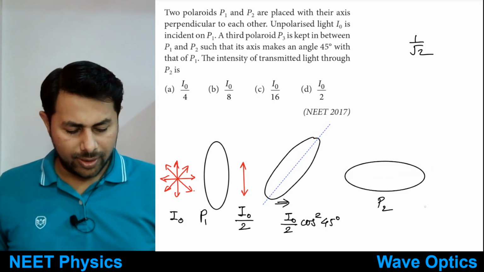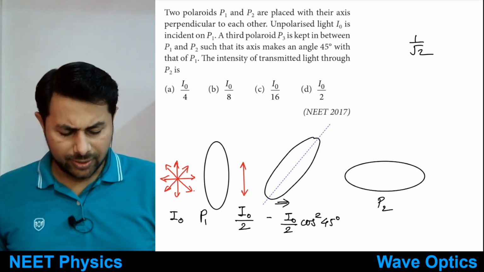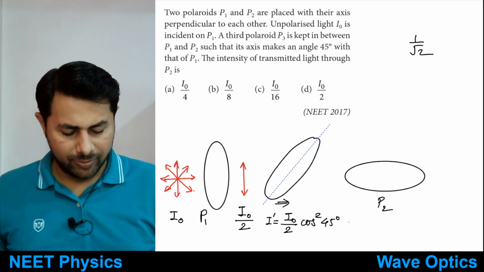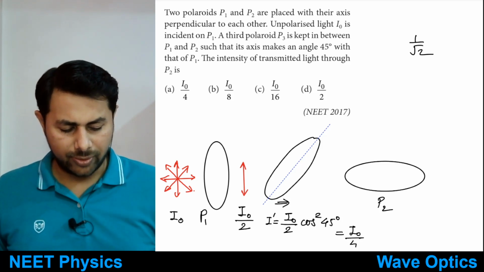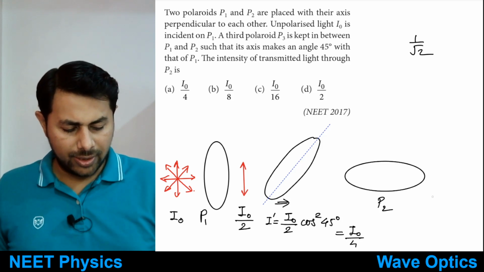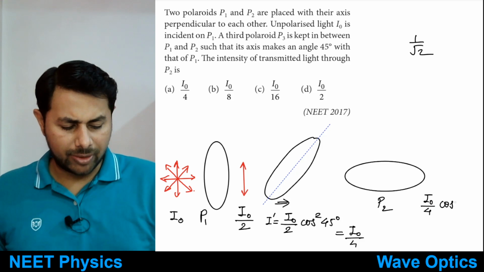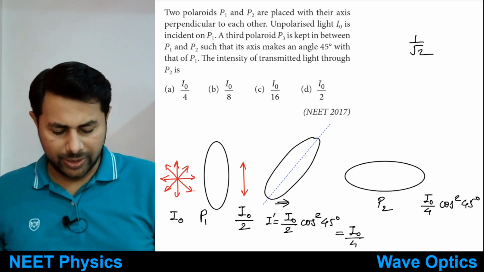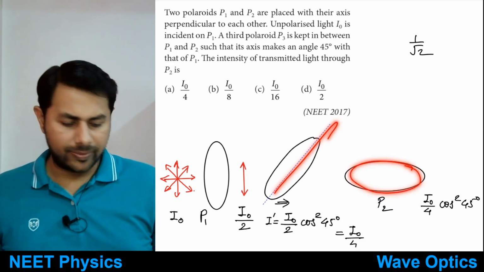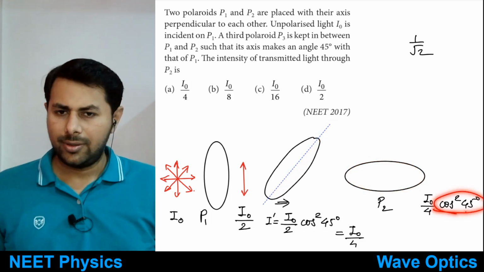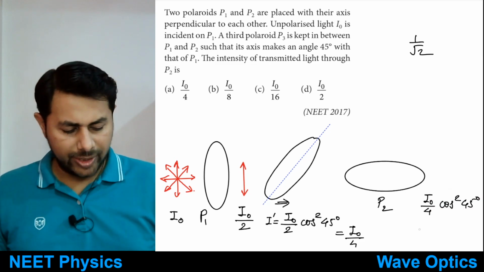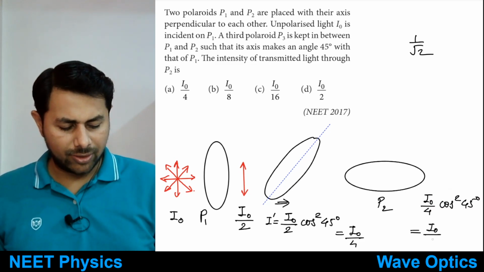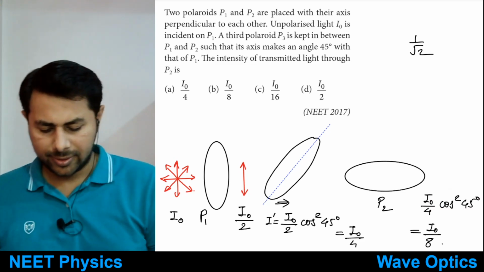Let's call this intensity I prime, equal to I naught by 4. Then the intensity coming out of P2 would be I naught by 4 multiplied by cos square of 45 degrees, which is 1 by 2 again. So the resultant intensity is I naught by 8. That is the answer.